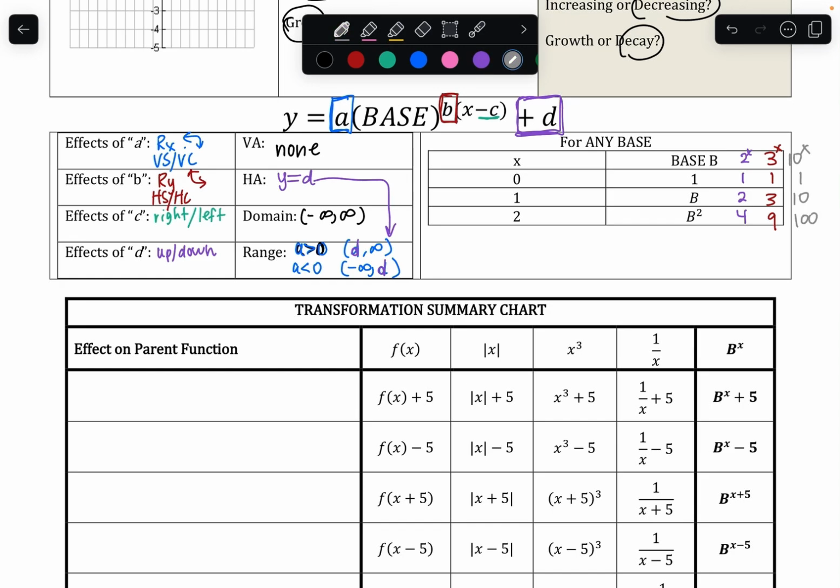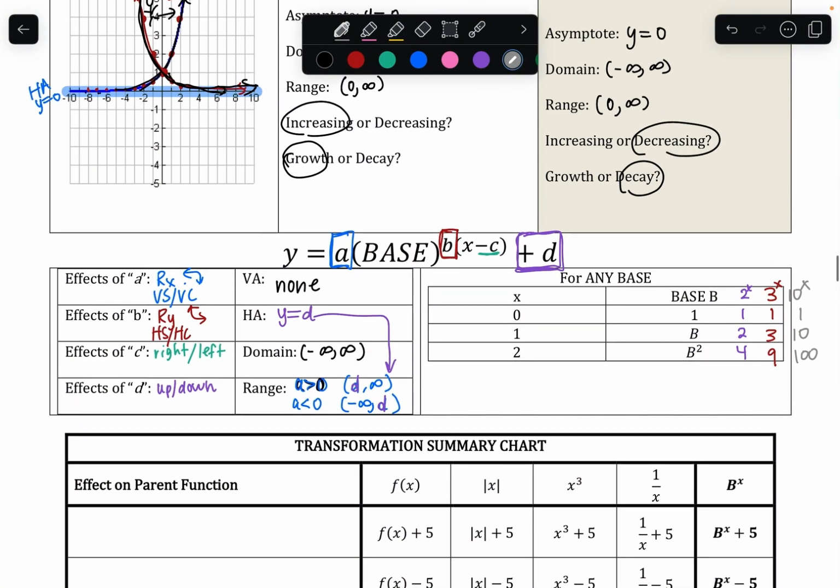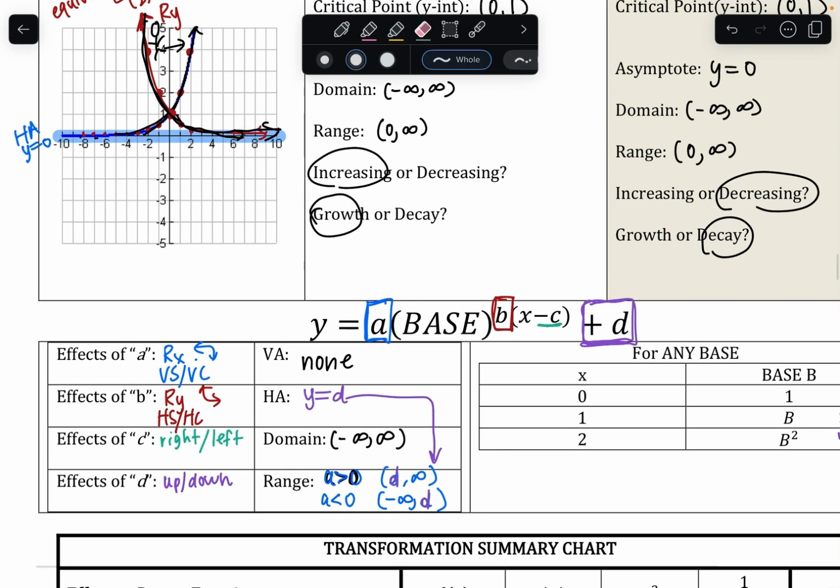Okay, and so that's actually going to help us graph using transformations, because clearing off my graph a little bit, I want you to notice the pattern between the points.